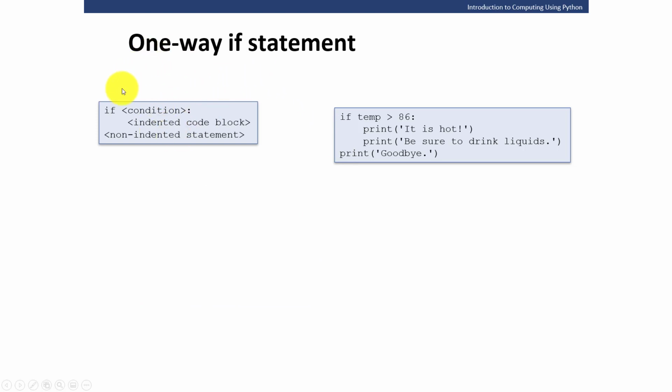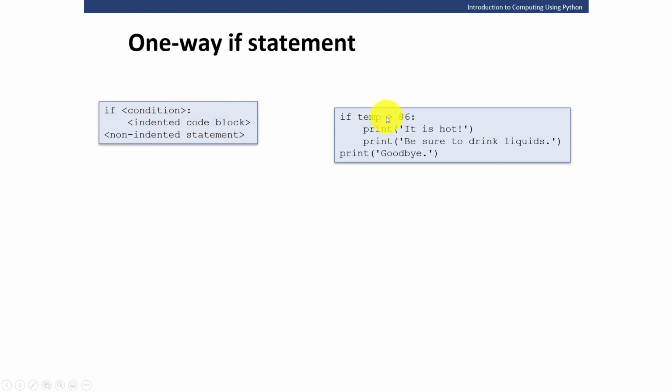The one-way if statement starts with the keyword if, then you specify your condition here and the indented code block. So if the condition is true, this code block will be executed. Otherwise, this code block will not be executed, okay? This non-indented statement will be executed regardless of whether the condition is true or false, okay?